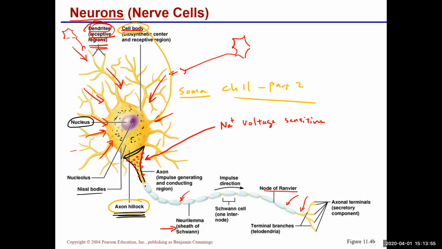But again, impulses will go towards this direction. This impulse direction is unidirectional. In other words, once the signal is received, a certain process occurs in the soma, and if the signal needs to continue going, the action potential is going to fire, and we'll discuss that, and this is the direction in which it's going.